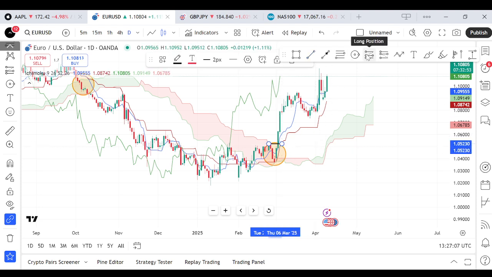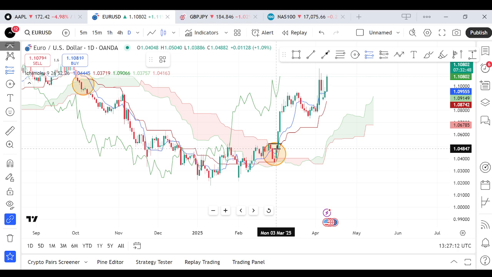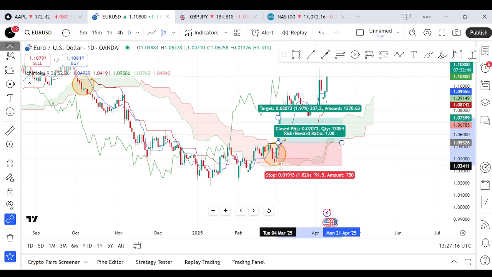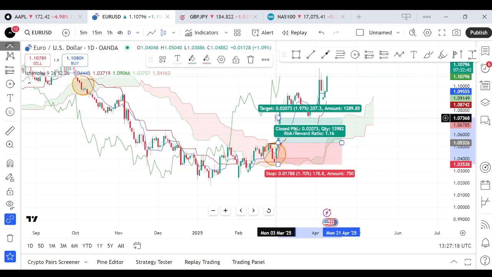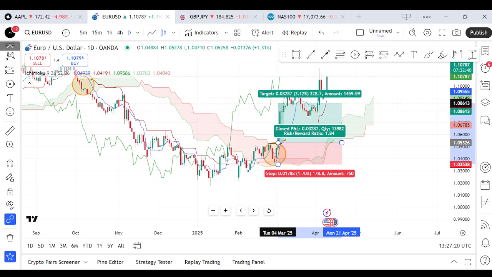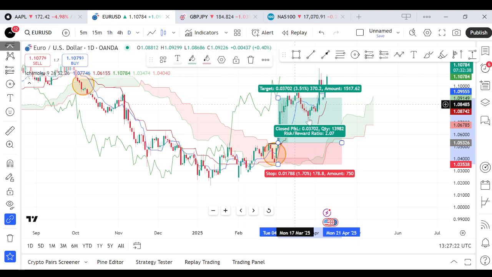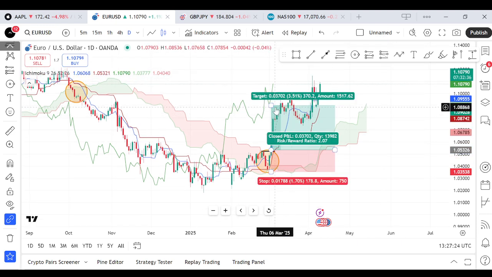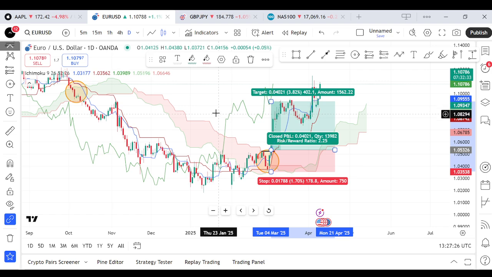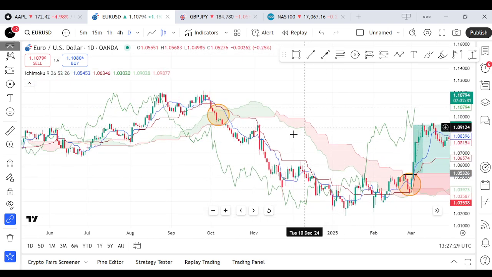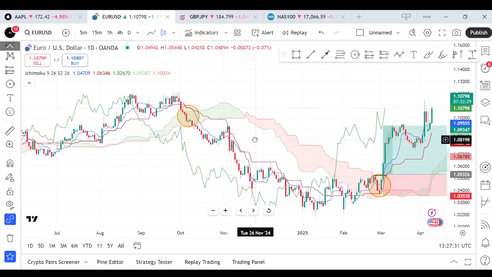Now I could decide to take a long position at the close of our candlestick pattern, or I could wait for this breakout and just go aggressive on it. Stop loss below this swing low and take profits at 1:2 or 1:3 risk reward ratio, depending on market condition. You can also trail your stop loss to lock in gains as price moves for you.